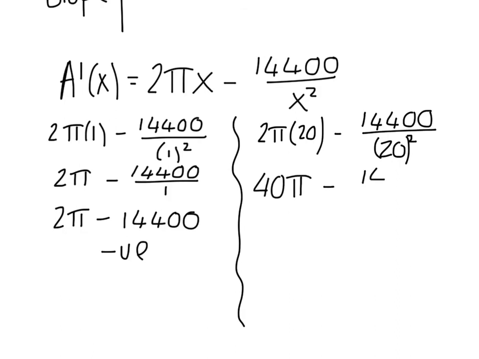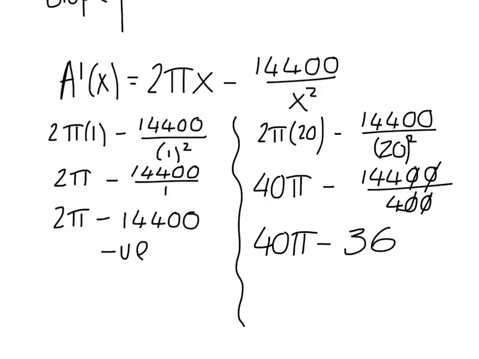Take away 14,400 over 20², which is 400. So cancelling down here, we get 40π, take away 144 divided by 4. So 144 divided by 4 is 36.